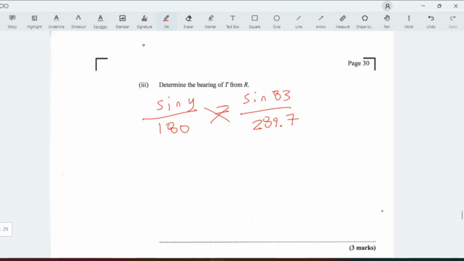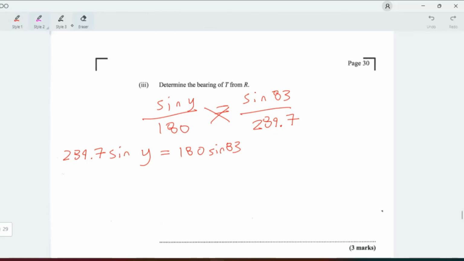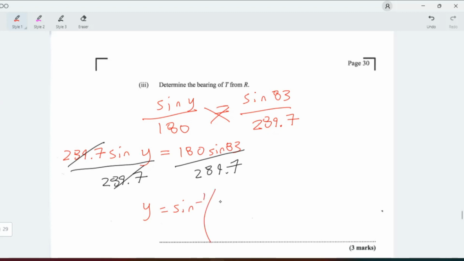If we cross multiply, we get sine y times 289.7 is equal to 180 sine 83. Then we divide both sides by 289.7. This cancels this, so now we just take the inverse sine. So y is equal to sine inverse of 180 sine 83 over 289.7.